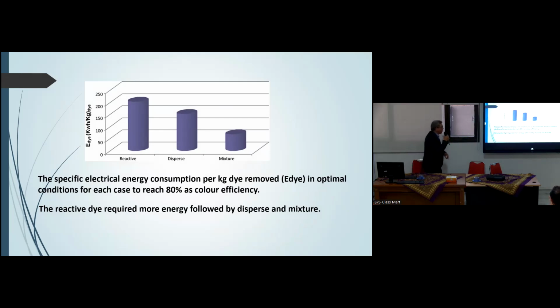And here we have the energy consumption. As I said, they have reactive, dispersive, and mixture. When we have the mixture, it consumes less energy. I reduce the energy by the mixture of reactive and dispersive. It's more important to remove all at the same time, the mixture. And we can reach 80%.